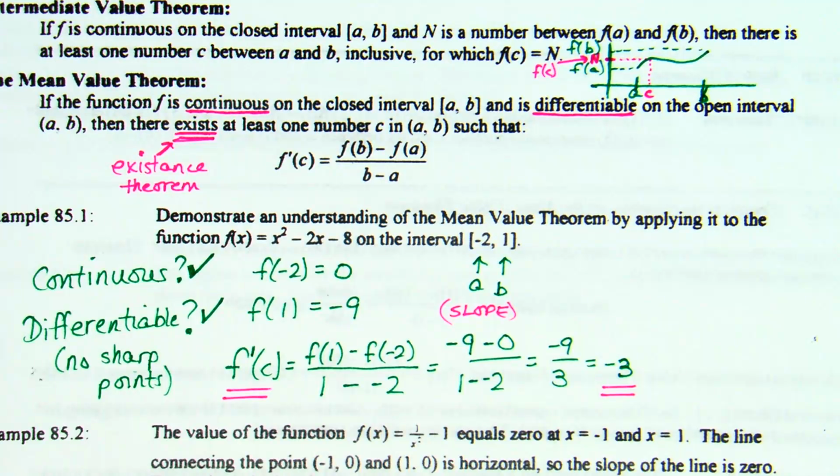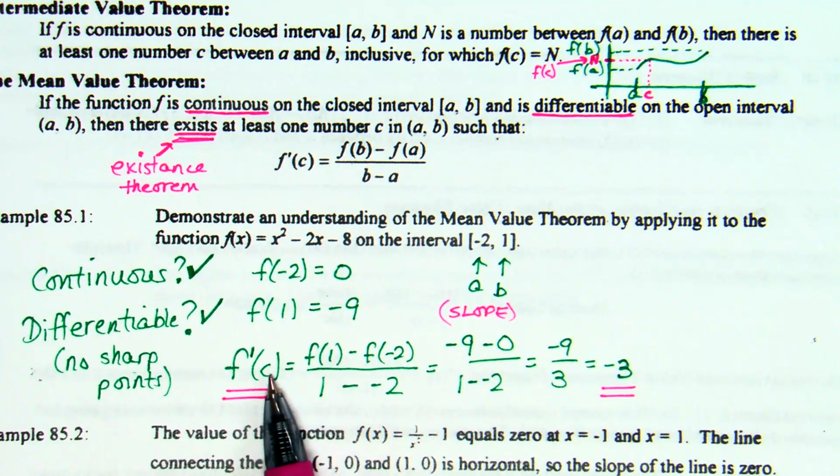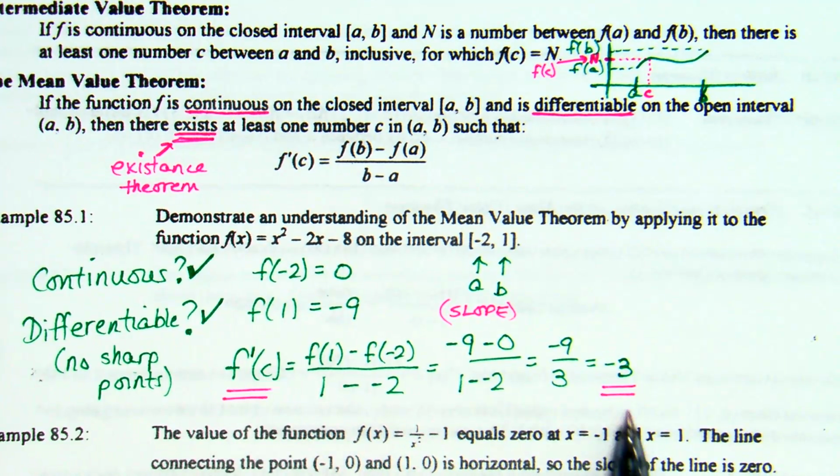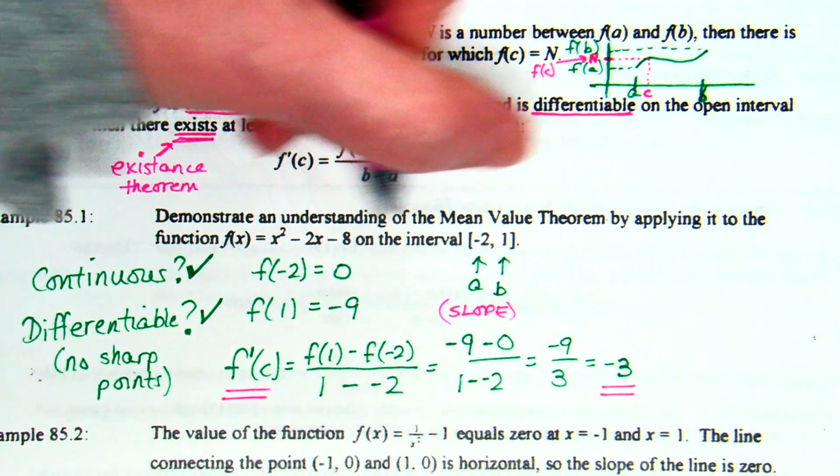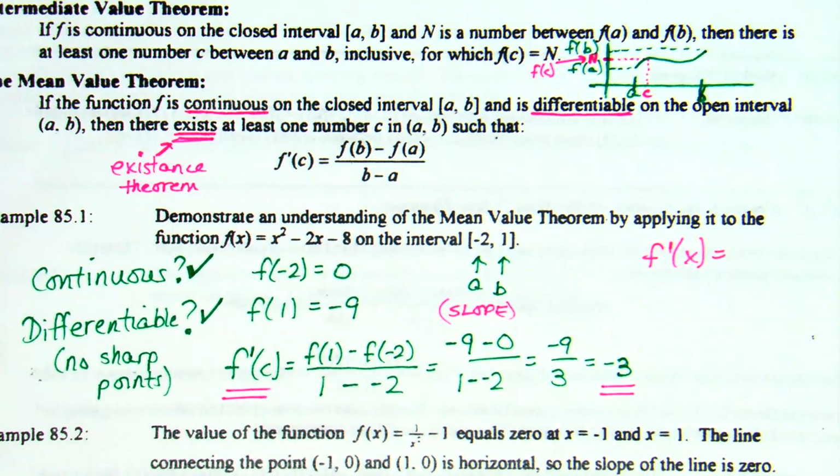So what we found, we don't know the value right now, but at some value of C on this interval, there is a derivative, officially it's a derivative, of -3. Now, let's look at the other side of this real quick.